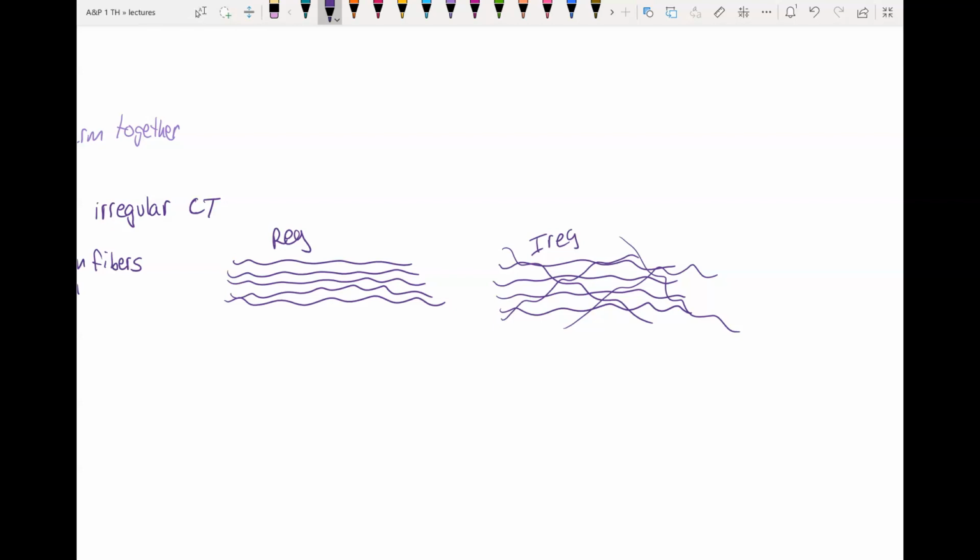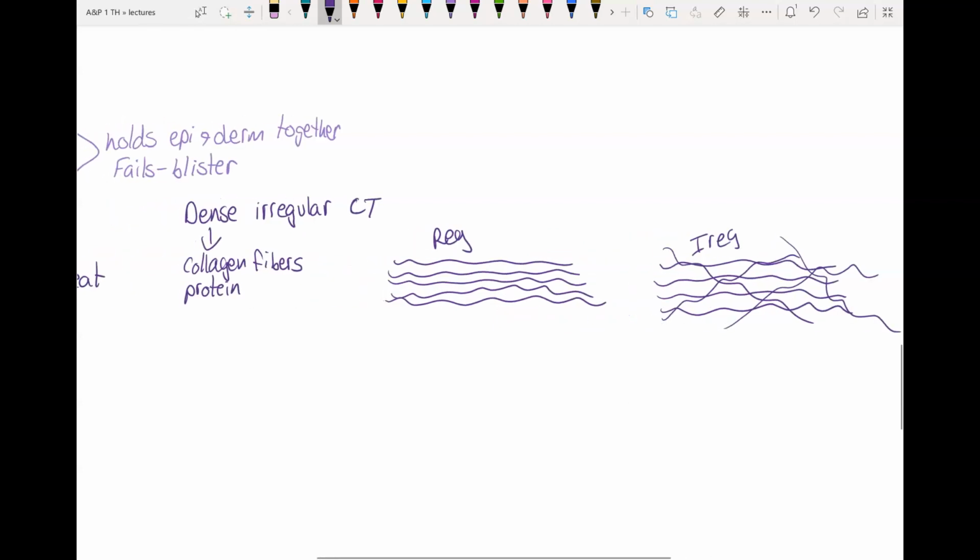So that's the difference between dense regular and dense irregular. In regular, they're all parallel, they don't cross each other. In irregular, you do have some that cross others. They're not necessarily all in straight lines. Collagen fibers are strong.